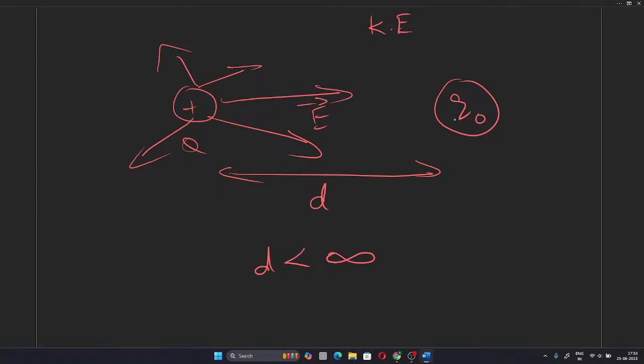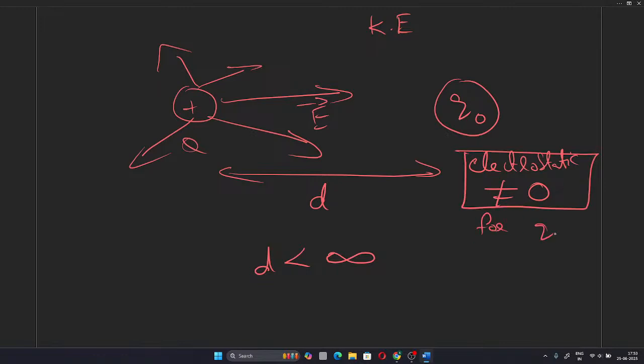will always experience a potential. No matter the distance, when it is smaller than infinity, the electrostatic potential will always be not equal to 0 for test charge q naught.